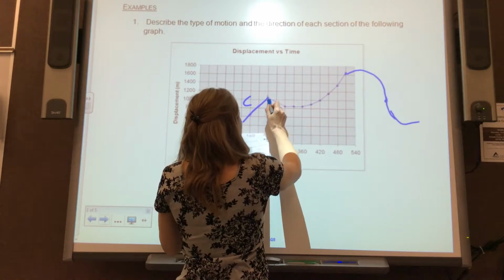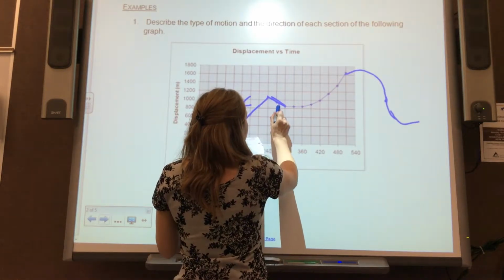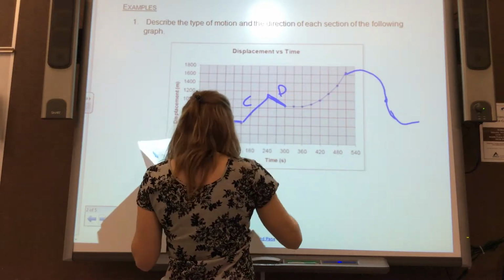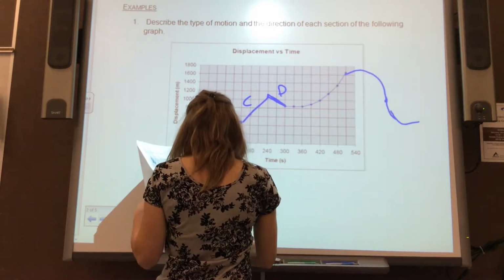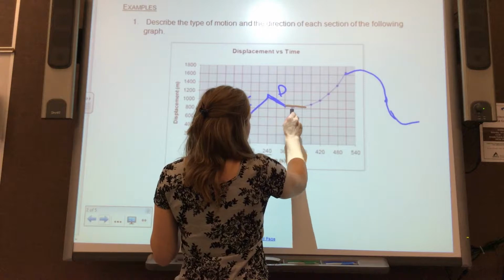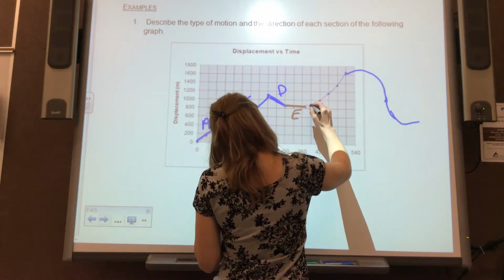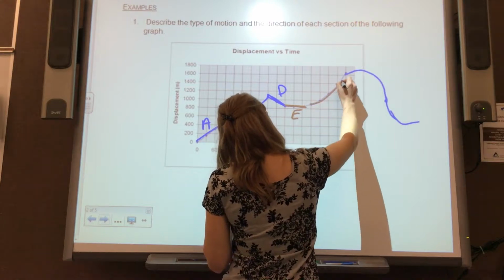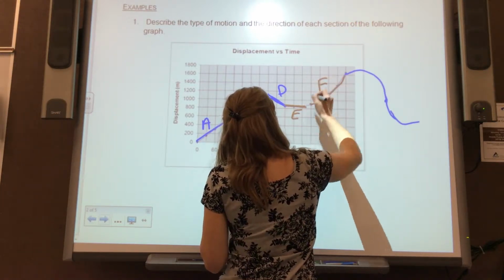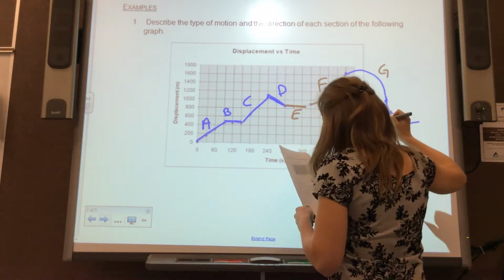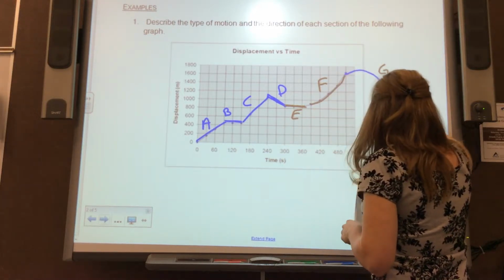Okay, and then before it goes all the way swooping down, let's call the next slant D. And then the horizontal line E. Swoop up is F. Swoop down is G. And last swoop is H.